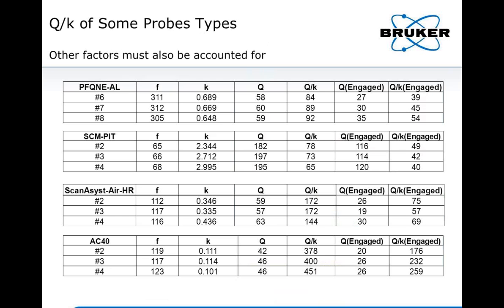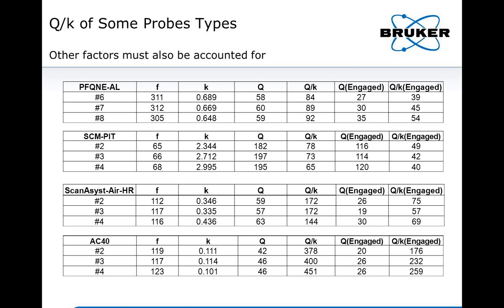In this table here, we've summarized a comparison of the Q and k values for probes commonly used for KPFM. And what we can see here is that the PFQ-NE-AL probe and the SCM-PIT have similar ratios of Q to k, and therefore similar KPFM sensitivity.